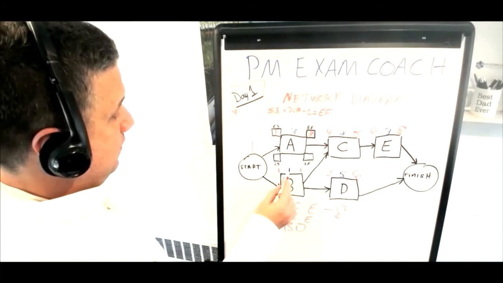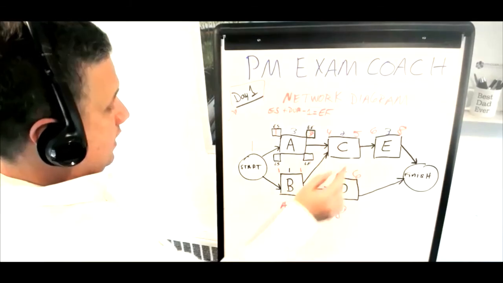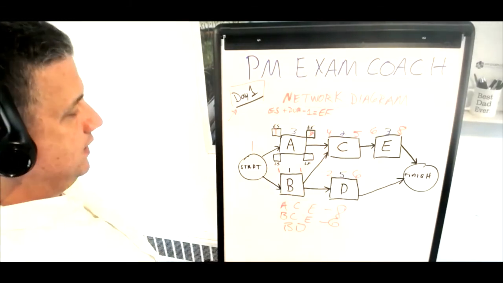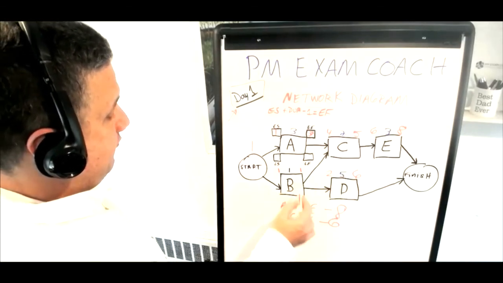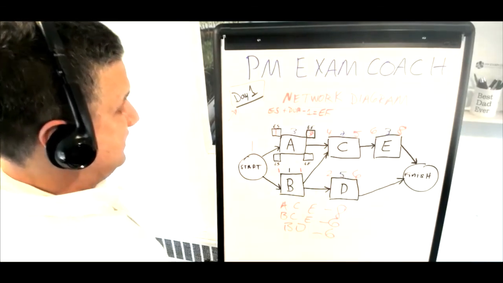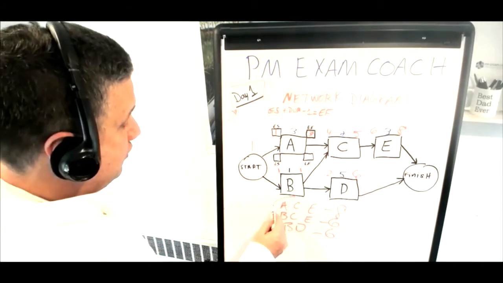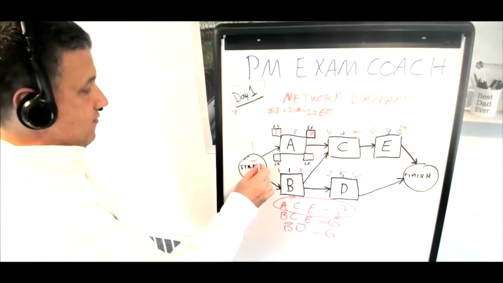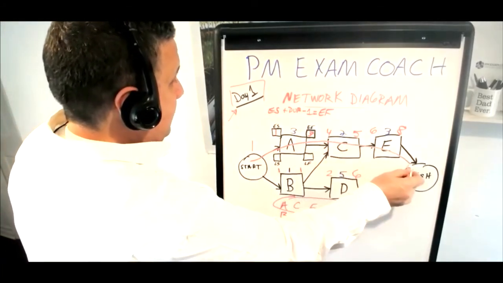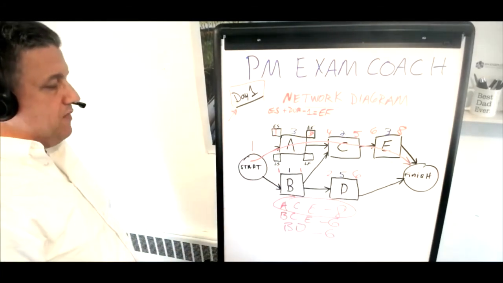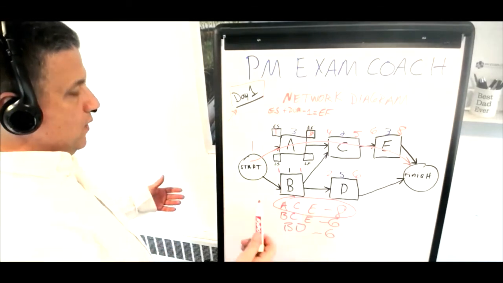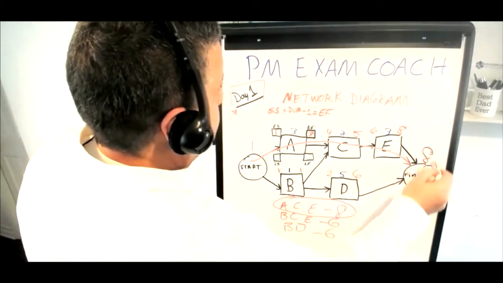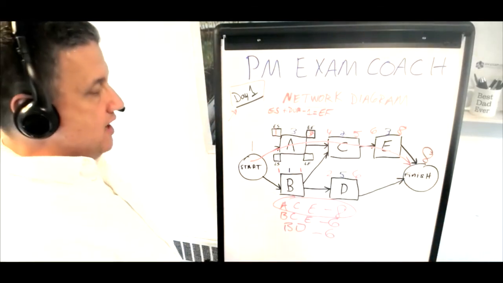What about BCE? 1 plus 2 is 3, plus 3 is 6. And B and D is 5 plus 1, which is 6. So the longest path, the critical path, is the top path, ACE. That is your critical path. Since it's the longest path through the network, that's also the day that the project finishes.